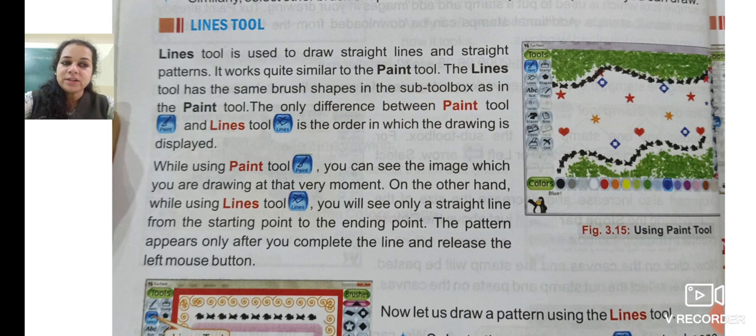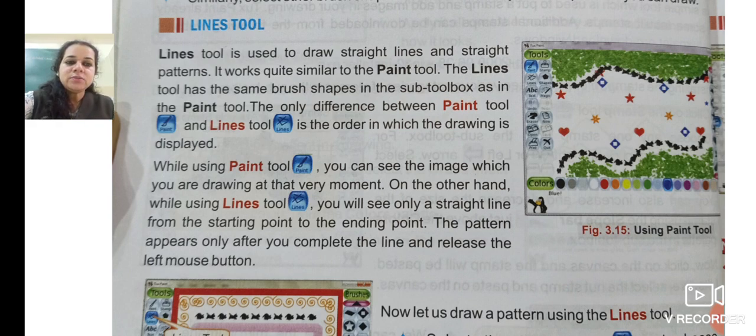You can also draw it in the middle, but the difference is in the space which is displayed. When you draw, it displays at the side, and the paint tool is displayed in the middle.